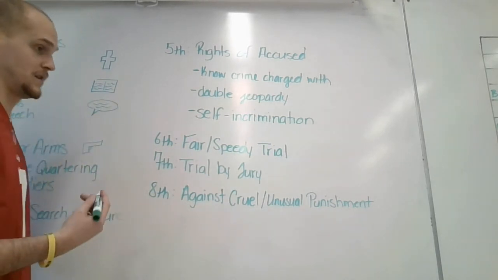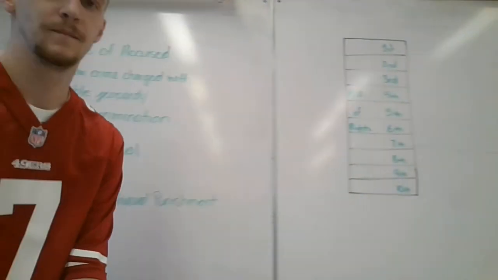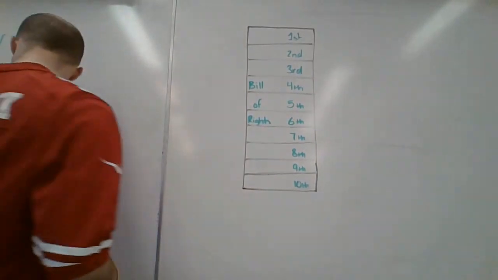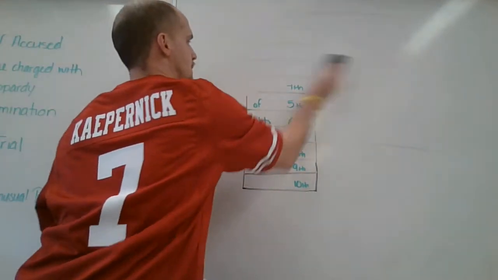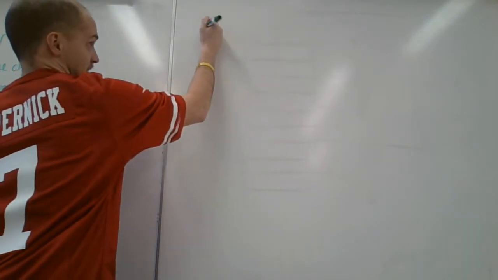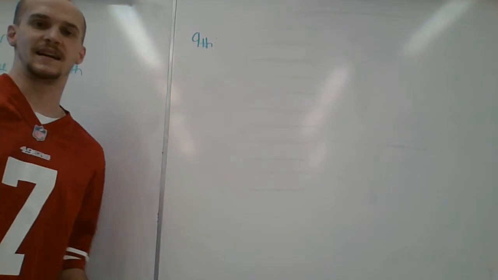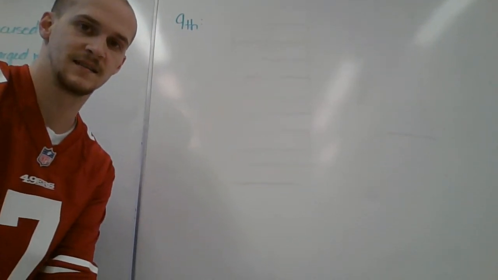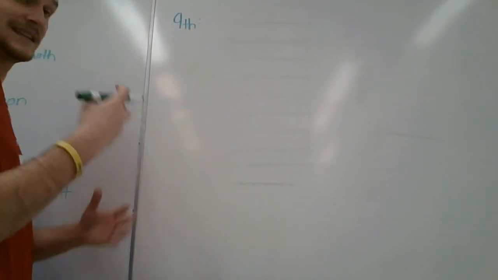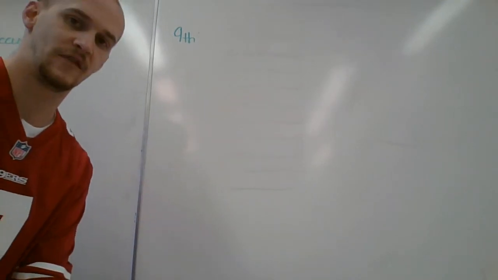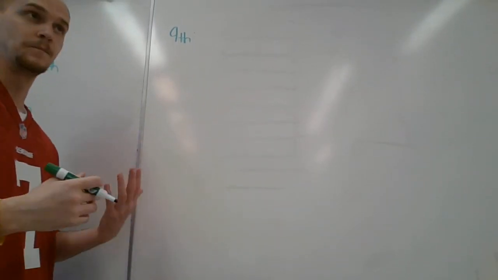The Ninth Amendment, we're going to slide over here. Make sure I have space. The Ninth Amendment is there because the Anti-Federalists didn't think that they could get everything stated. They didn't feel like every right had been referenced.